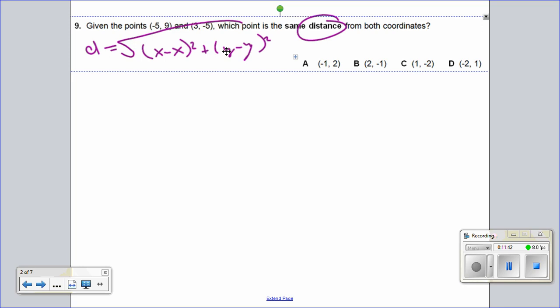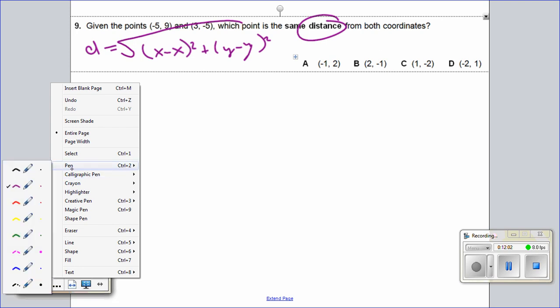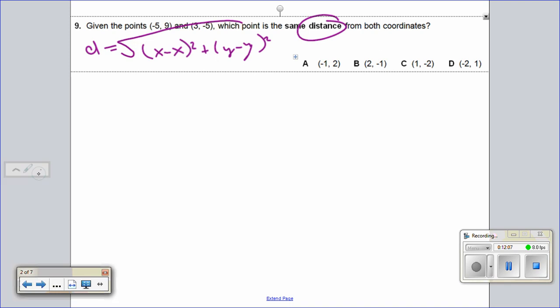Yes, there's a more complex looking formula, but it doesn't really matter which values for x and y you put in first, to be honest. And then we need to compare each answer choice with the original points. So let's begin. Answer choice A is -1, 2.